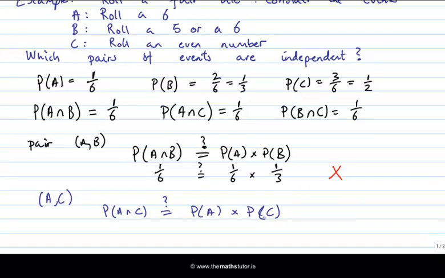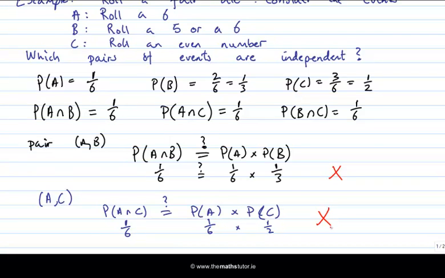Because that's what would be true if these two events are independent. So the probability of A and C is 1/6, and the probability of A is 1/6, and the probability of C is 1/2. And again, this is false. So rolling a 6 and rolling an even number are not independent.